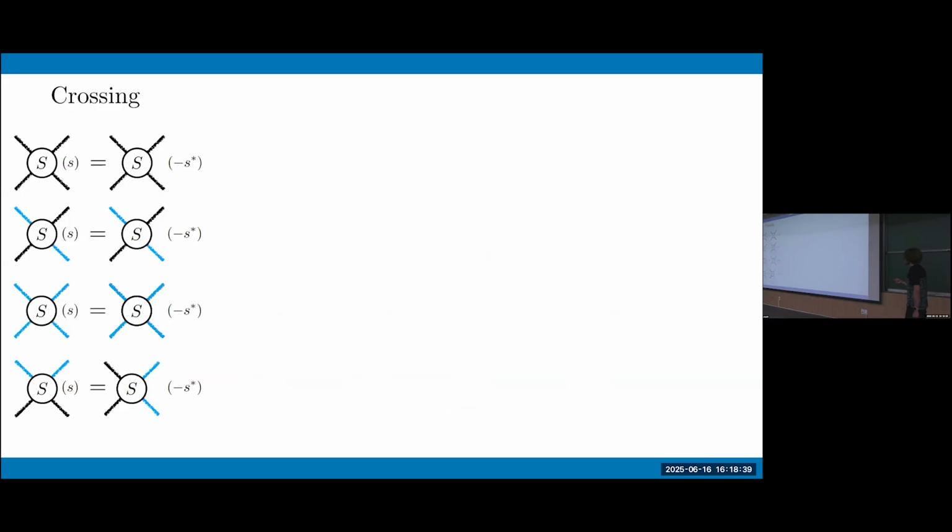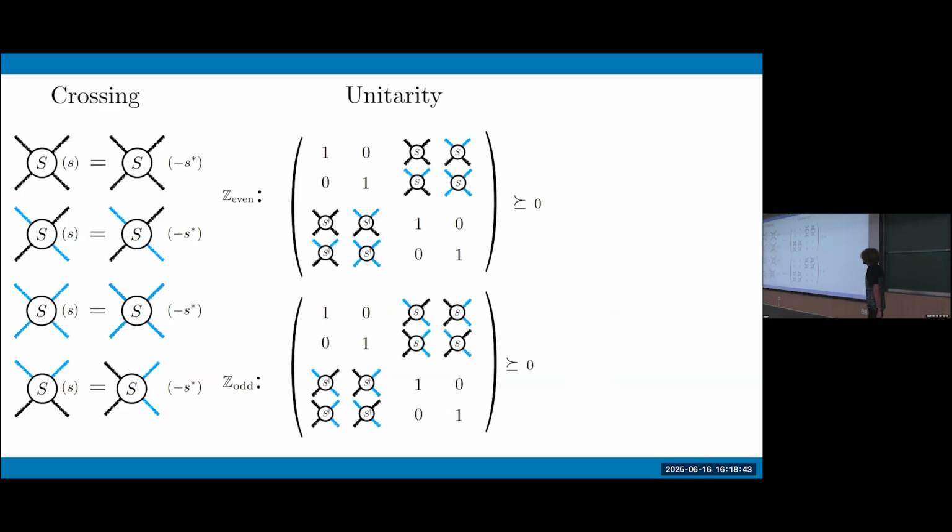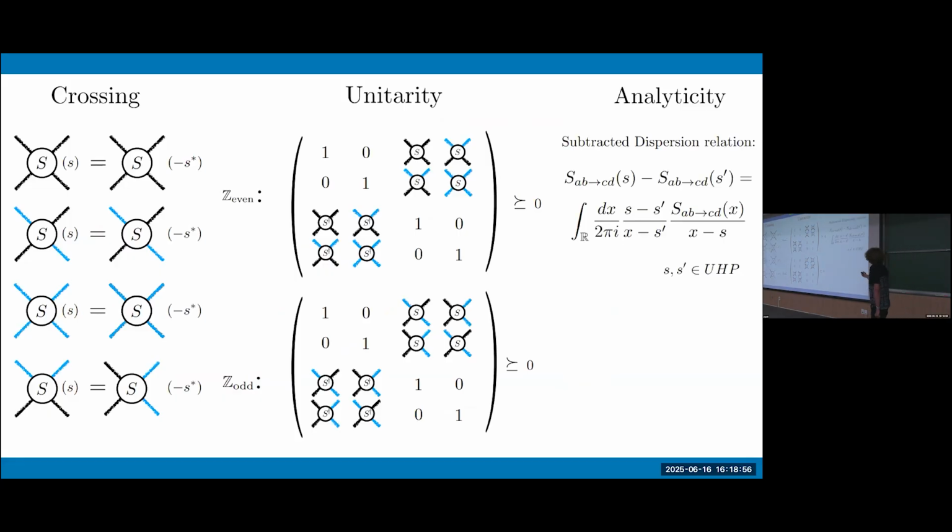So with this posed, the standard constraints take a simple form. So for example, crossing symmetry is just a bunch of linear relations between these amplitudes. Unitarity becomes simple semi-definite constraints on these amplitudes. And analyticity takes the usual form of simple single variable subtracted dispersion relations, which we can impose numerically.